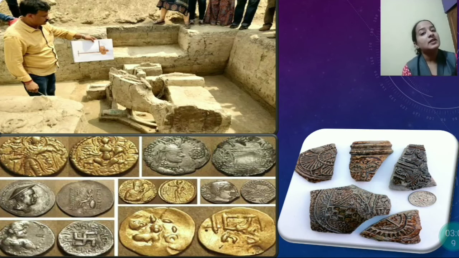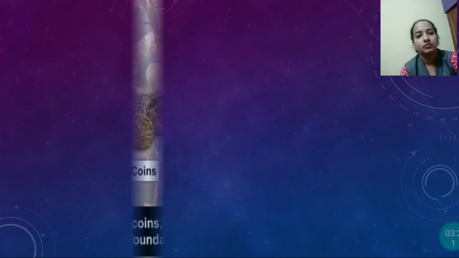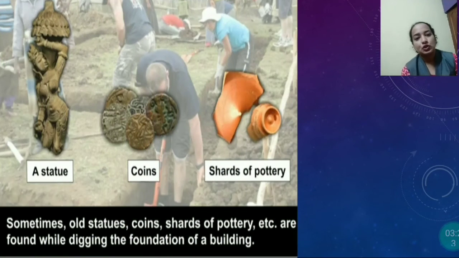Shards means pieces of broken pots, which are found when they are constructing new buildings. Sometimes they are found under the ground. A statue, coins, shards of pottery, they help us to know about a particular age, particular area and particular time.